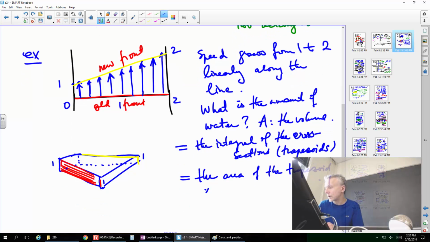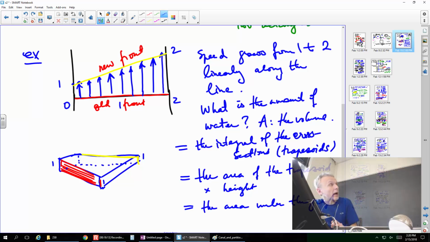In other words, it's simply the area of the trapezoid. And that is the area under the graph of that function that's plotted in yellow, which is for us to discover.